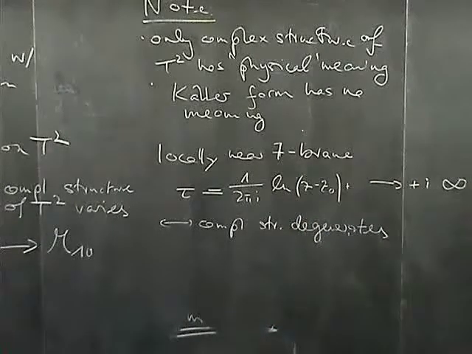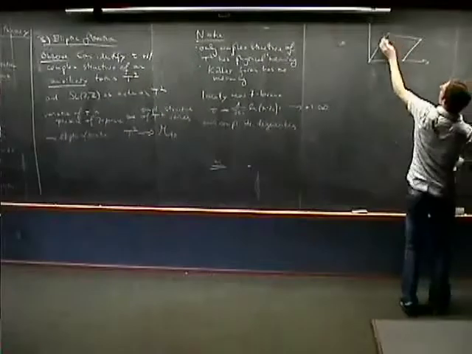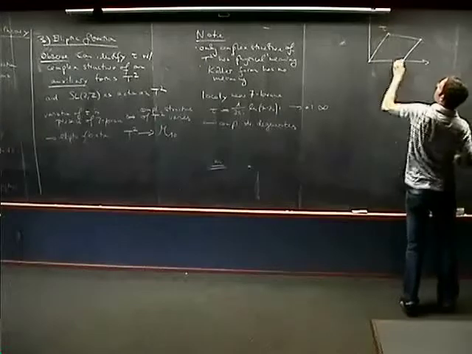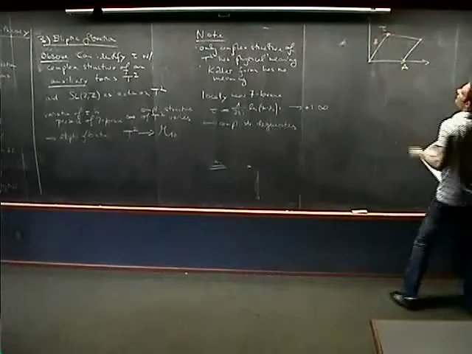And one can picture this, for example, as follows. We have our famous torus as a lattice in C. We have an A cycle and, say, a B cycle.